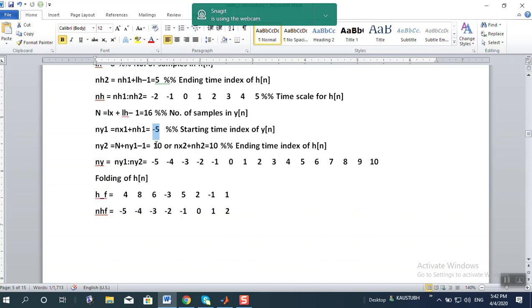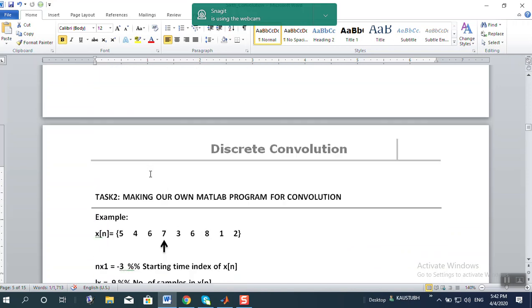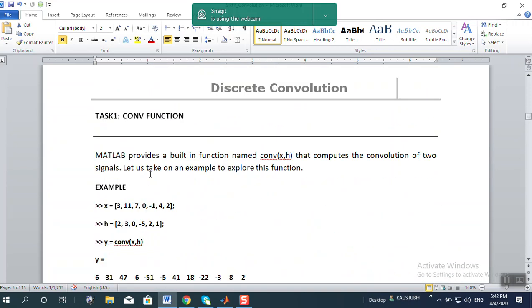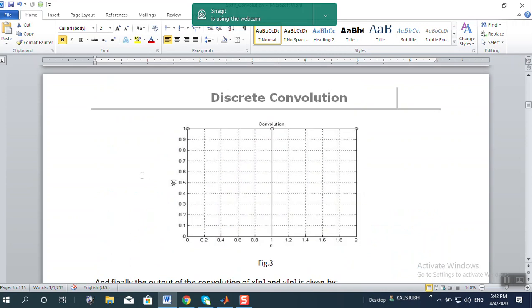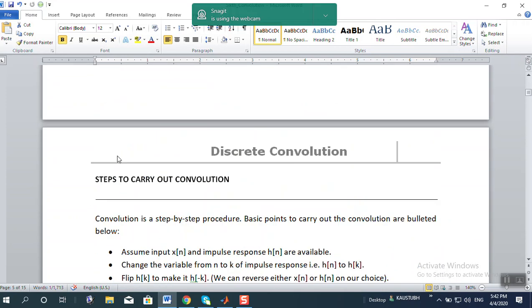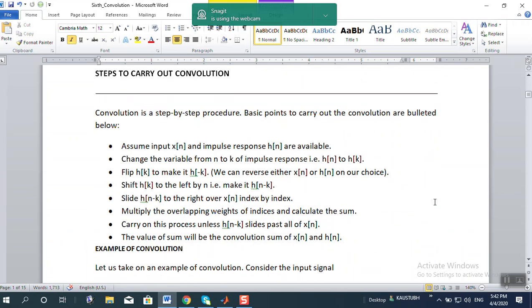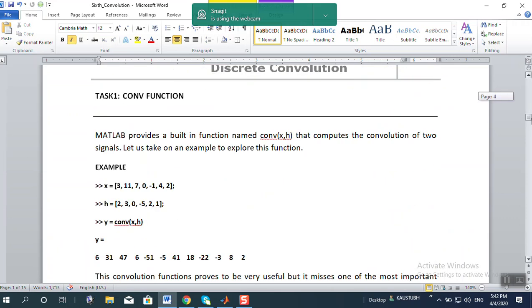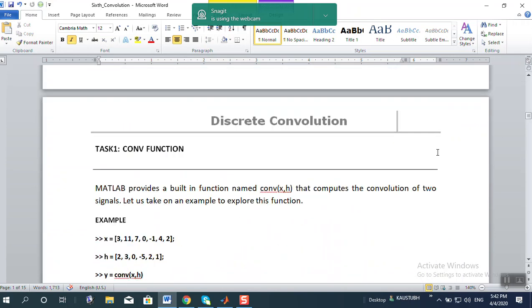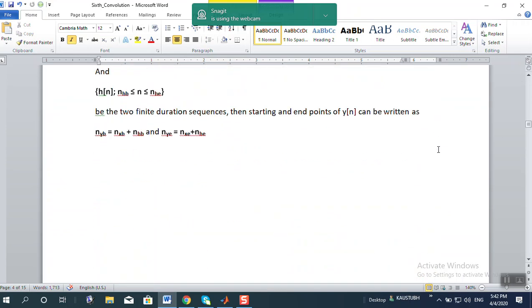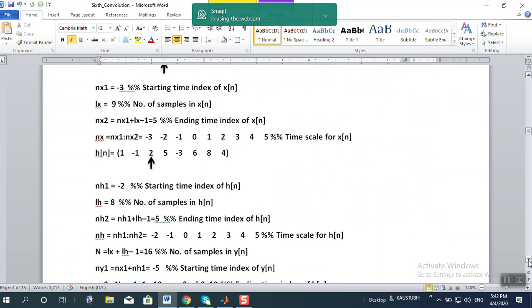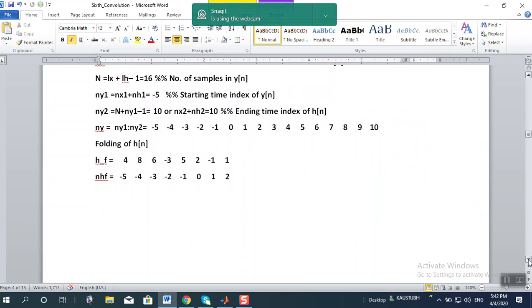So your convolution sum, if you look at the formula, for that particular example will be from -5 to +10. Since it is from -5 to +10, how many left shifts will there be? 5 left shifts.